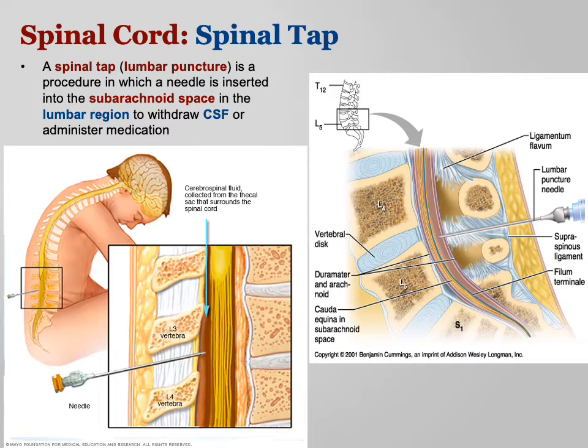They normally go in, as you can see in the diagram on the right, in between L4 and L5, maybe between L5 and S1. The needle has to go through the dura mater, and then there's a space under the dura mater called the subdural space. Then the needle has to go through the arachnoid mater, and then it will go into the subarachnoid space.